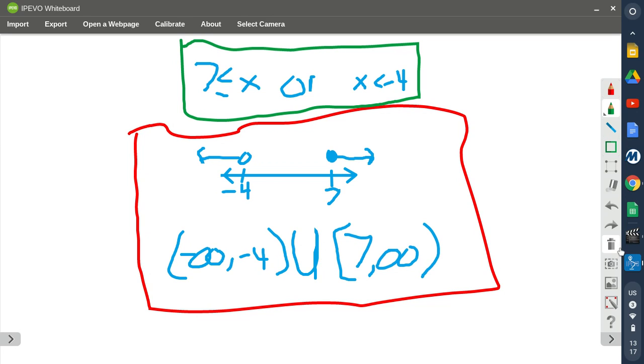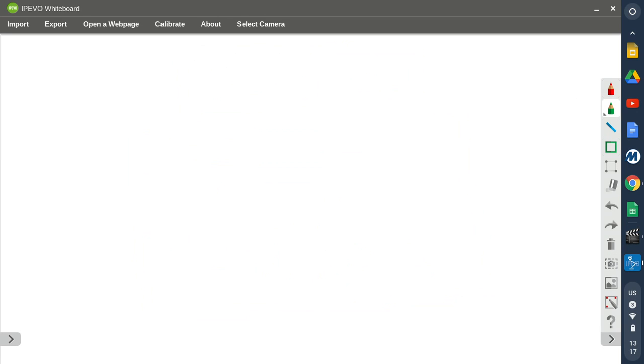I have a problem that I want you to do. It is: 1 is smaller than x, but x is smaller than or equal to 2.